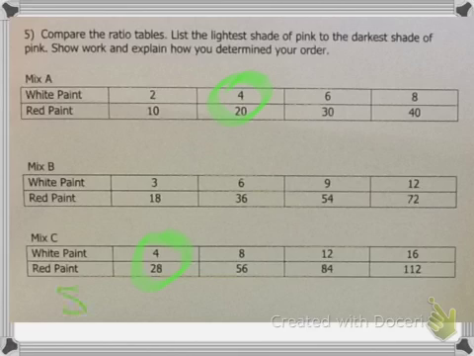If we have the same white, but different amounts of red, the more red it is, the darker the shade of pink. So same white, more red, I'm going to put capital R, that gives us a darker shade. So that means mix C is darker because it has 28 reds compared to the 20 reds.